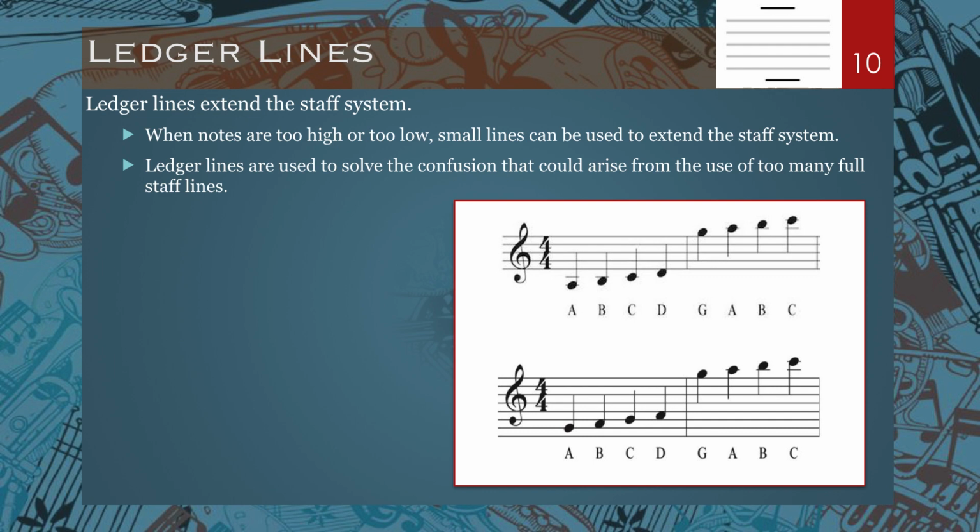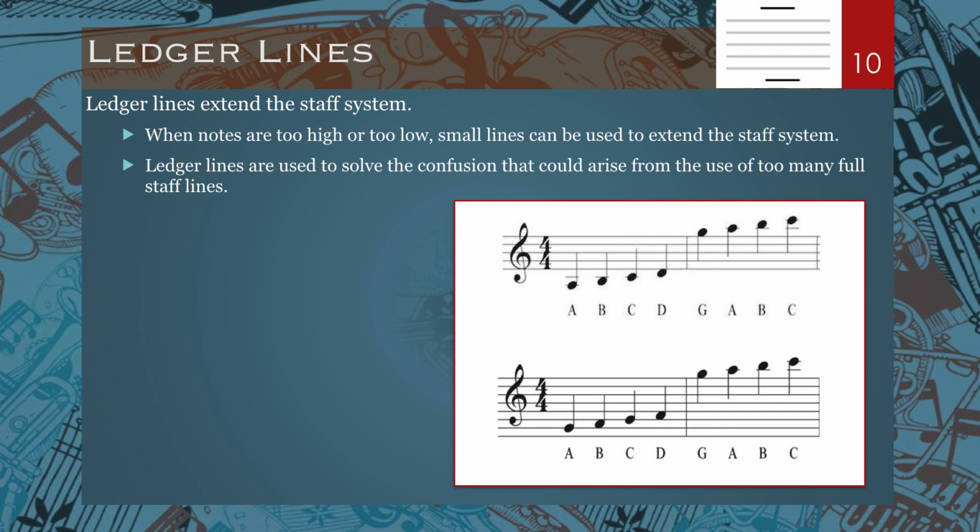The reason we use ledger lines, and we don't just have a staff with more lines in it, is because if you look at this example here, without ledger lines, this bottom example would actually be much harder to read. The first example with ledger lines and the second one where I have just created 11 staff lines, those are actually the same exact notes.